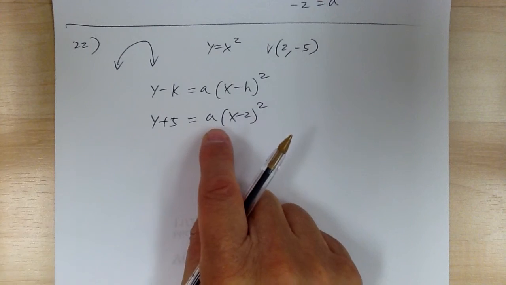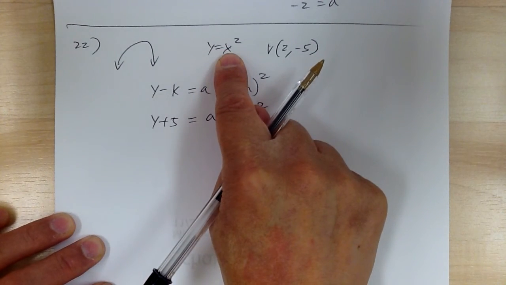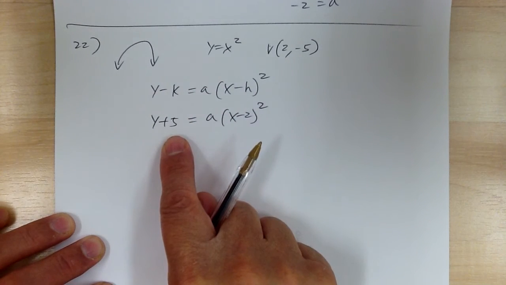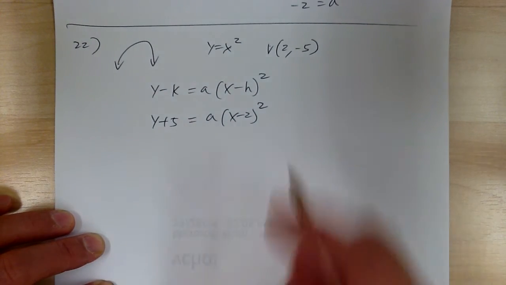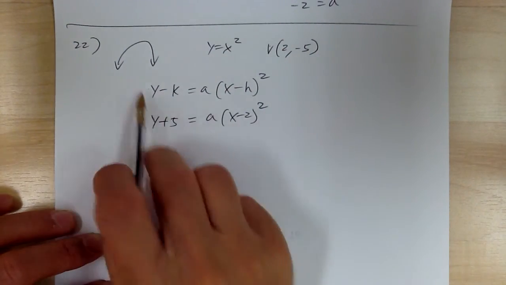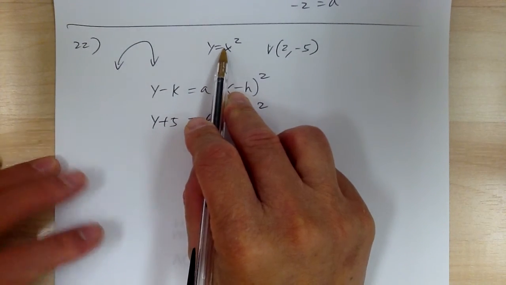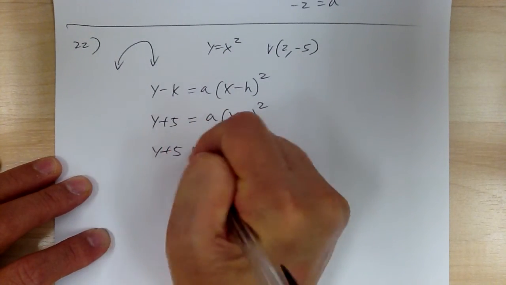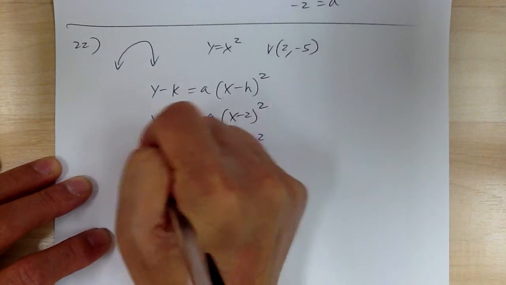The difference between these is that one has the vertex at the origin, and this one has the vertex at 2, negative 5, so it's just shifting, but it's the same shape. It also is a reflection, right? Now it tells you it's downward, so you know it's going to be negative. And you know a is 1, so your final equation is negative 1 times x minus 2 squared. And that would be your equation.